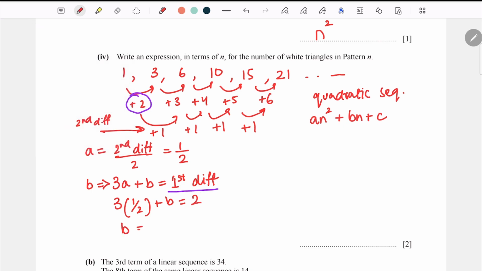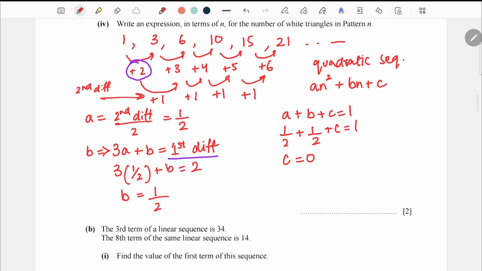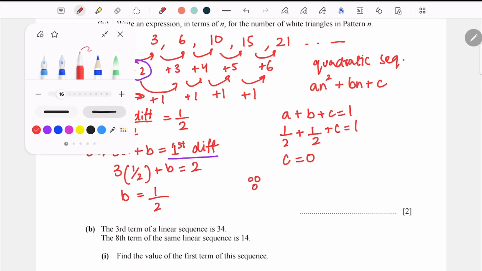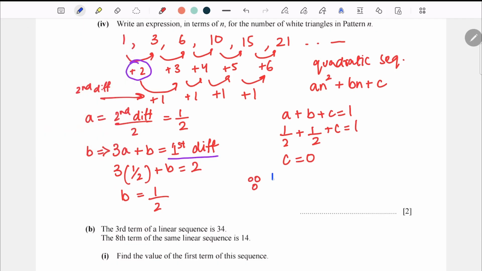Now the value of b will be 1 over 2. To find c, we'll use the formula a plus b plus c is equal to 1. A and b both are half, plus c is equal to 1. So c will be equal to 0. So the overall expression will be half n square plus half n.